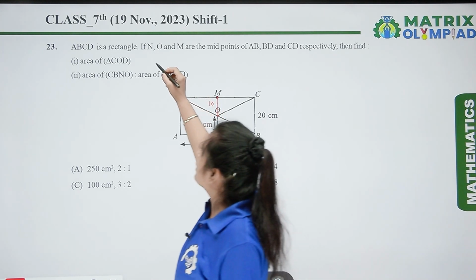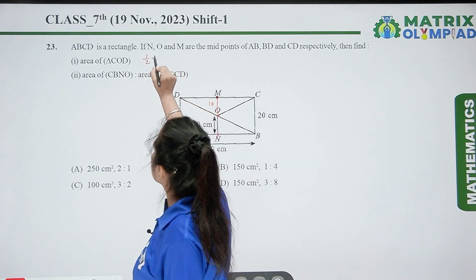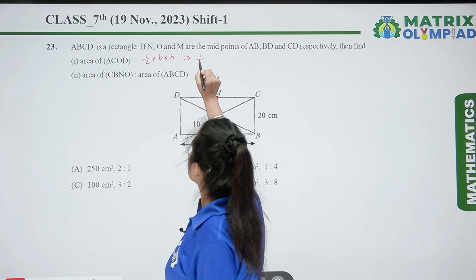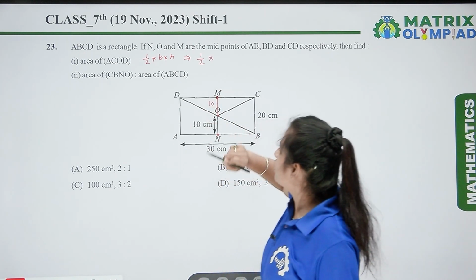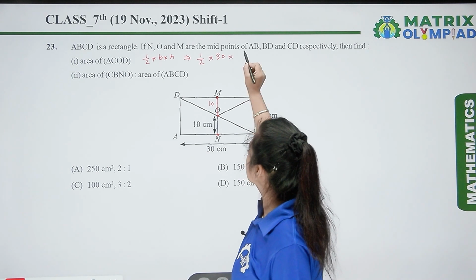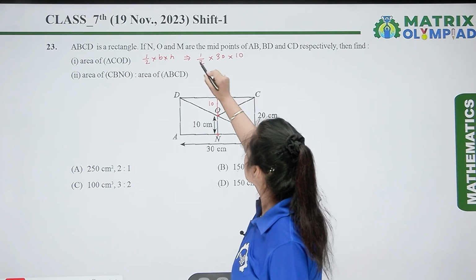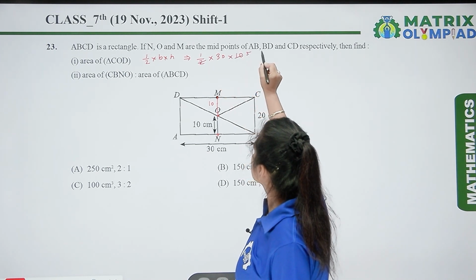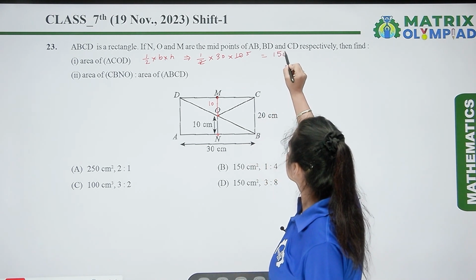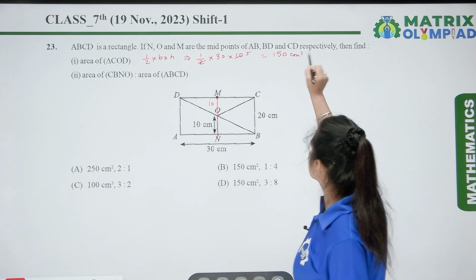So area of triangle COD is half into base into height. So here by putting the value we get base, that is 30 centimeter and height is 10. So here we get 150 centimeter square.